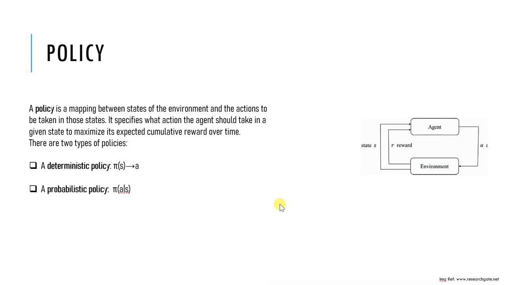The agent explores the environment by taking different actions, observes the resulting state and the reward, and updates its policy accordingly. There are various methods for learning a policy in reinforcement learning, like we discussed in previous videos, such as value based, policy based, and actor critic based methods.